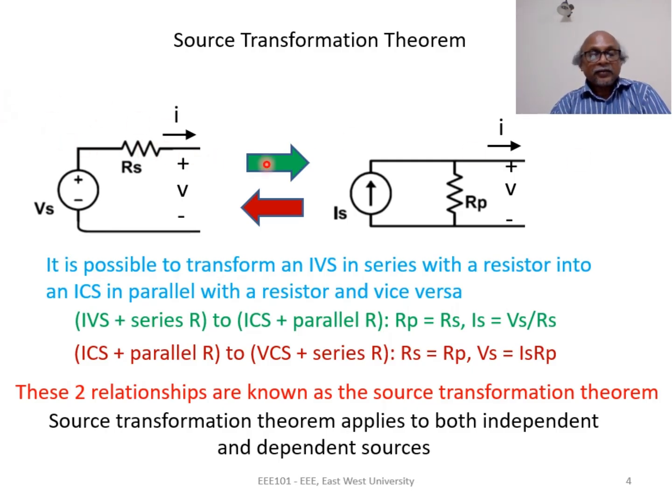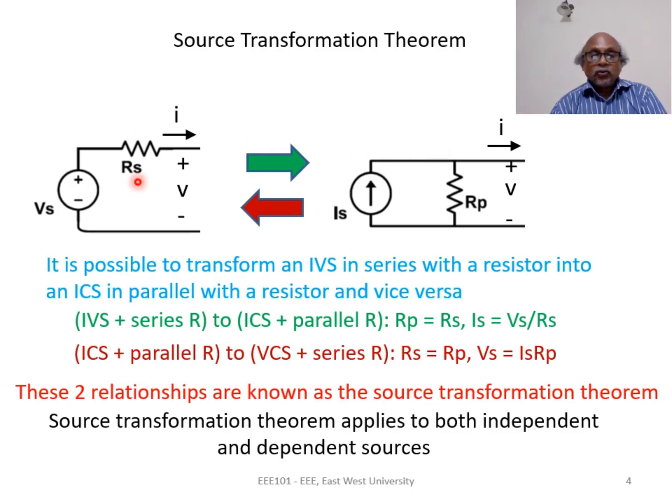When we make the transformation from this voltage source and series resistance into the current source and the parallel resistance, where will be the arrowhead? What will be the direction of the current source? Or if we go in the opposite direction, where will be the plus of the voltage, or what will be the polarity of the voltage source?